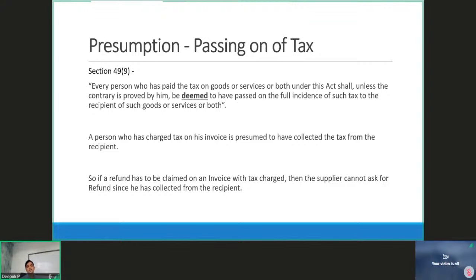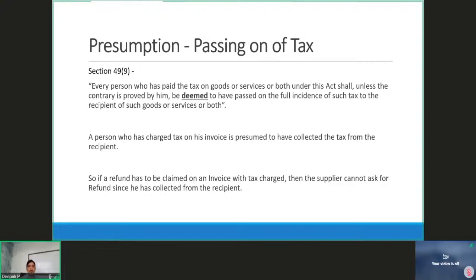Now, if that was exempted and I have collected the tax, the incidence is borne by my customer. So my customer is the one who has borne the incidence of the tax. He can go to the department and say, sir, I am the person who has borne this tax, give me a refund. It will not normally happen with backdating, but if it happens, understand we are trying to understand unjust enrichment.